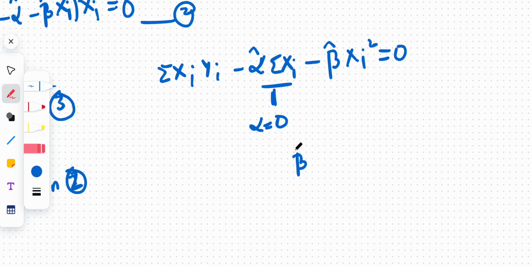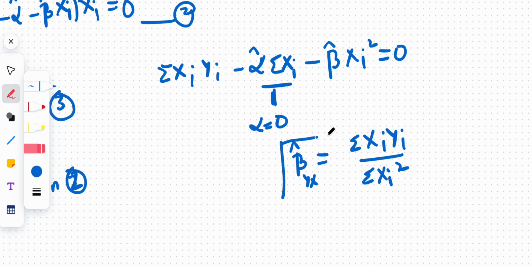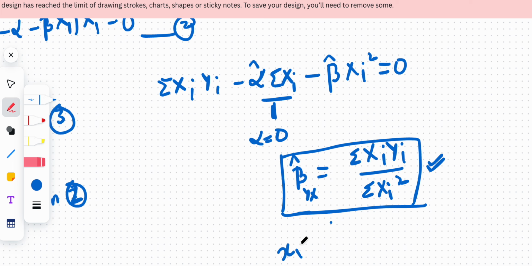Now my beta basically becomes this in this case. Now the difference here is that this is used from raw variables and not from the ones that we were using earlier.